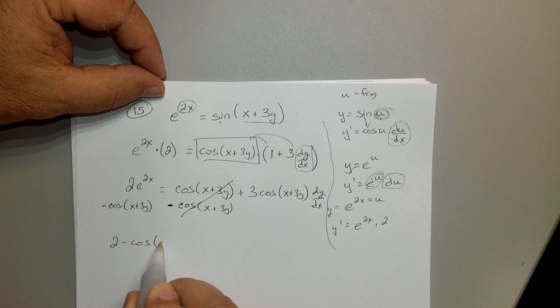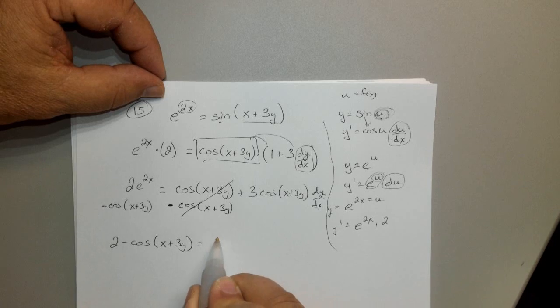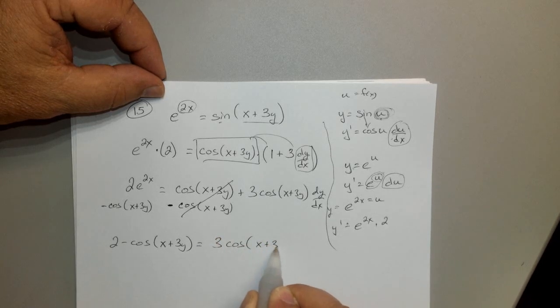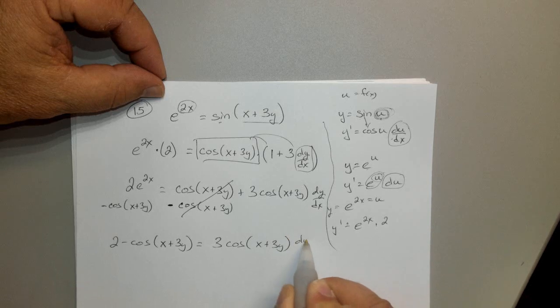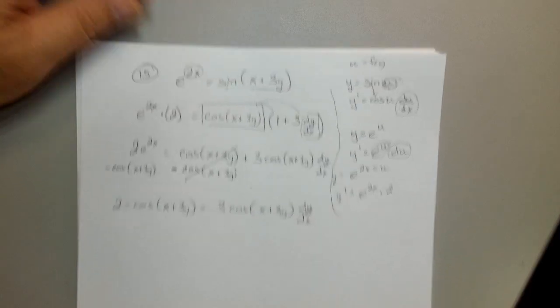Two e to the 2x minus cosine x plus 3y is equal to 3 cosine x plus 3y dy/dx.